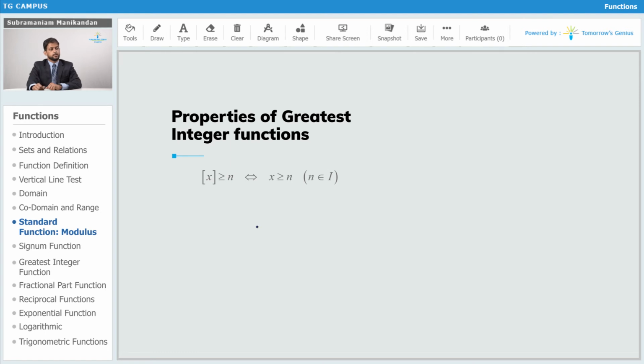For example, box of 2.5 is greater than or equal to 1, obviously, because box of 2.5 is 2. This also implies that 2.5 itself is greater than or equal to 1, which is true. Similarly, box of minus pi, for example, is greater than or equal to minus 4, because minus 4 is to the left of minus pi.